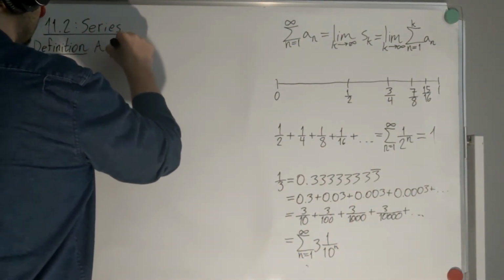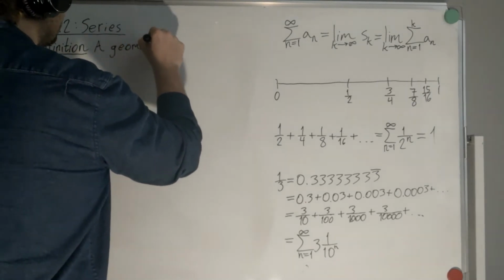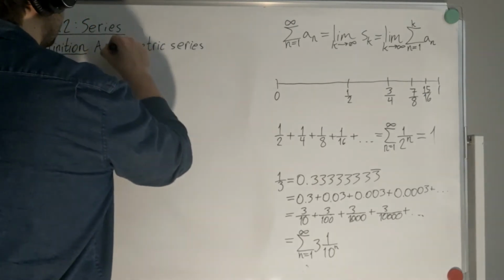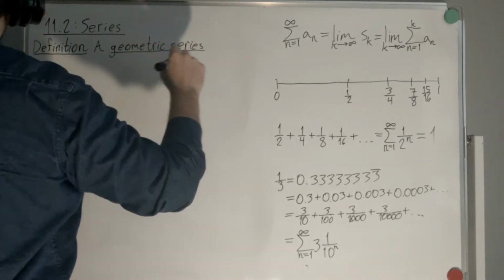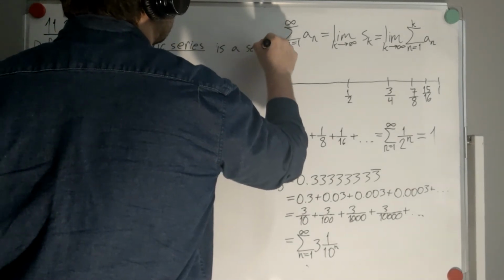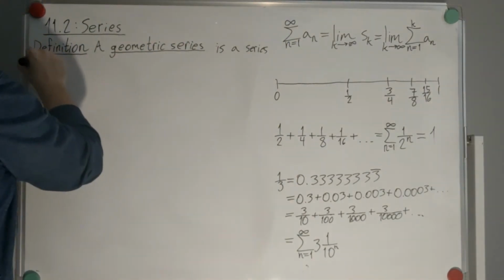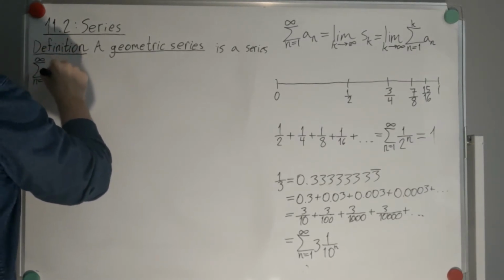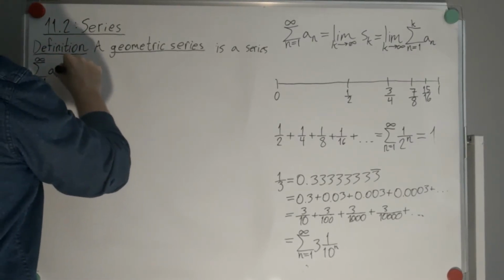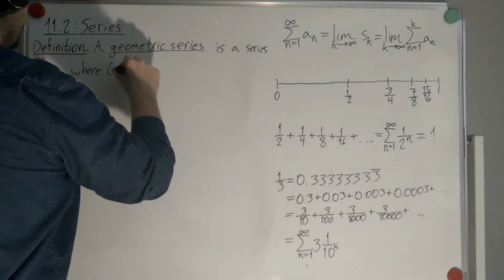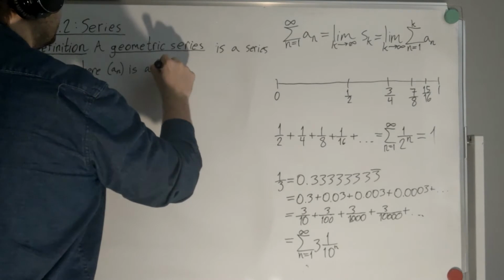A geometric series is an infinite series that looks like the sum from n equals 1 to infinity of a_n, where a_n is a geometric sequence.